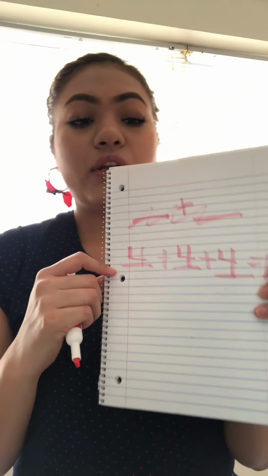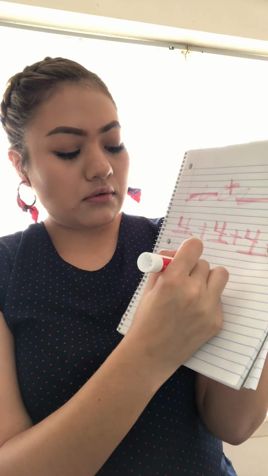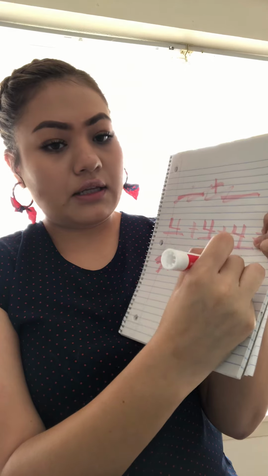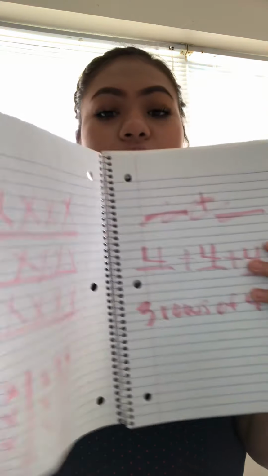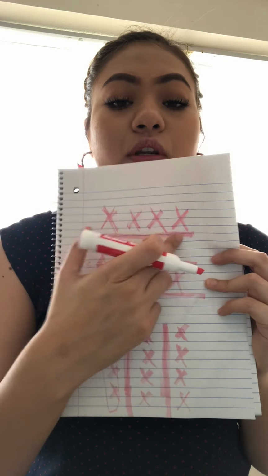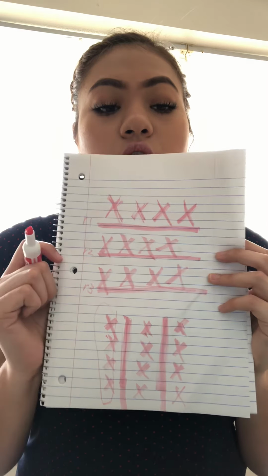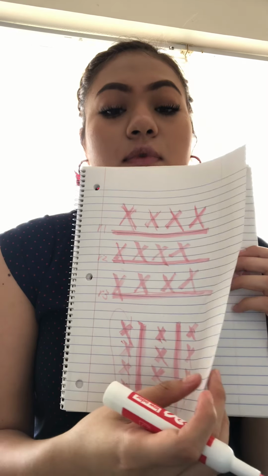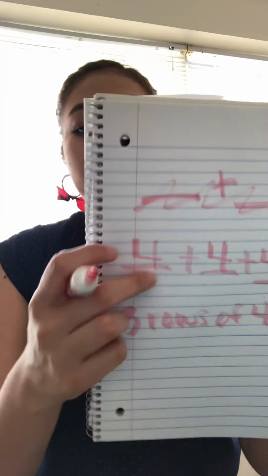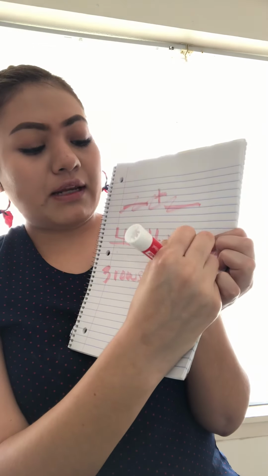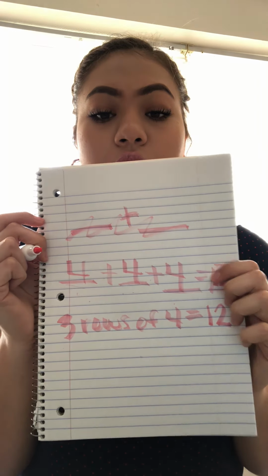And then it says 3 rows of 4 is, so we go back to our drawing where we wrote 3 rows, 1, 2, 3, our total was, count, good, it should have been 12 also. So we have 3 rows of 4.